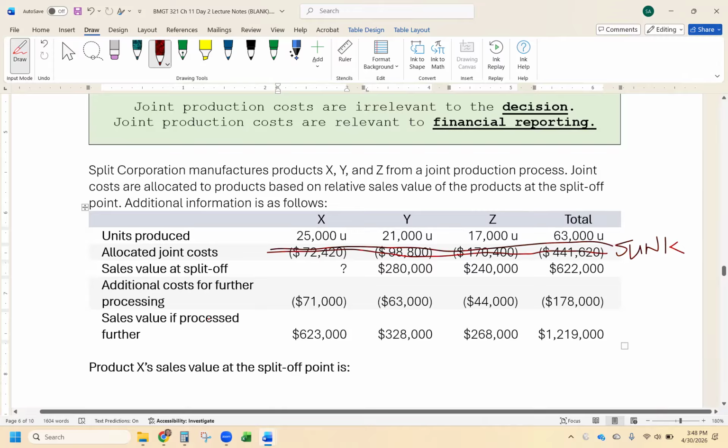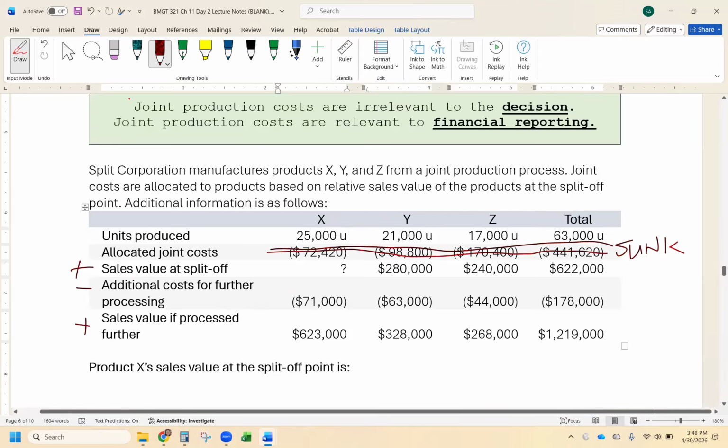What we're going to be looking at are these other 3 rows. The sales value at split off, that would be money coming in, additional costs if we process further, and sales value if we process further.